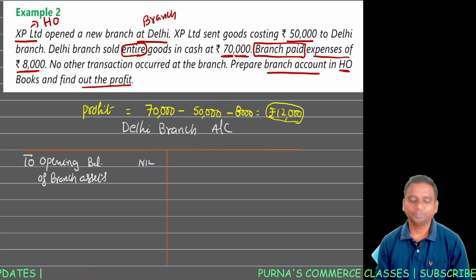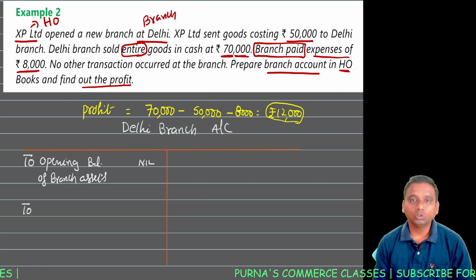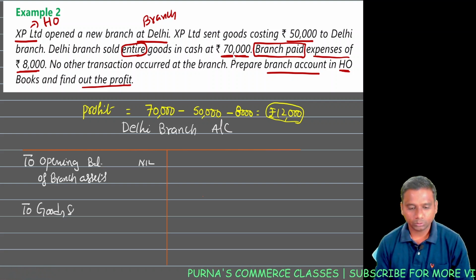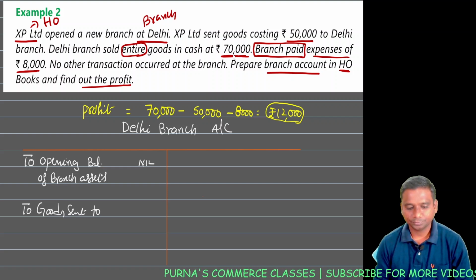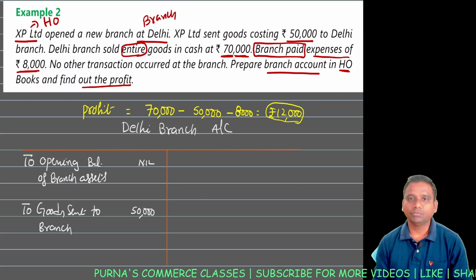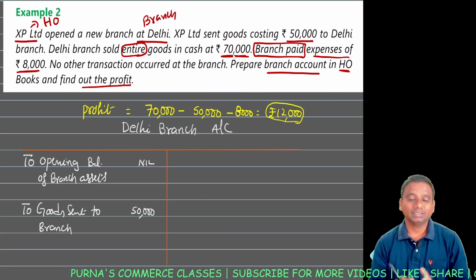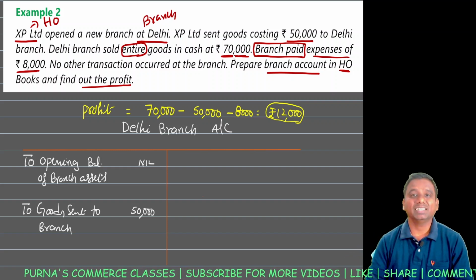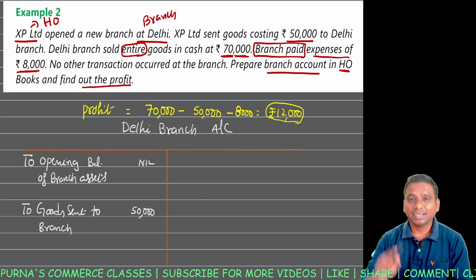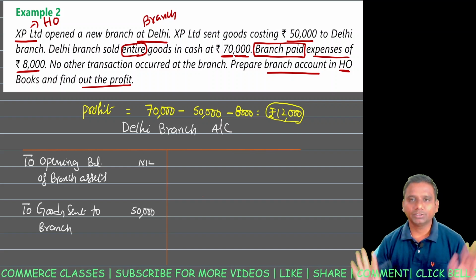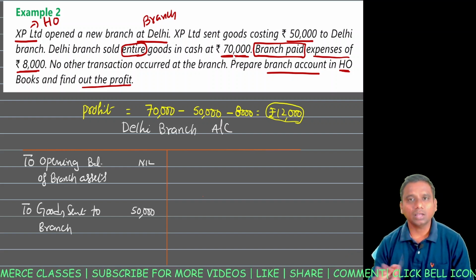No, nil. Next up, what is the amount of goods sent to branch? How much? 50,000. Next. Do you send any amount to the branch for meeting expenses? No. Here the expenses are paid by whom? Branch. When expenses are paid by branch, we will not make any record in our books.